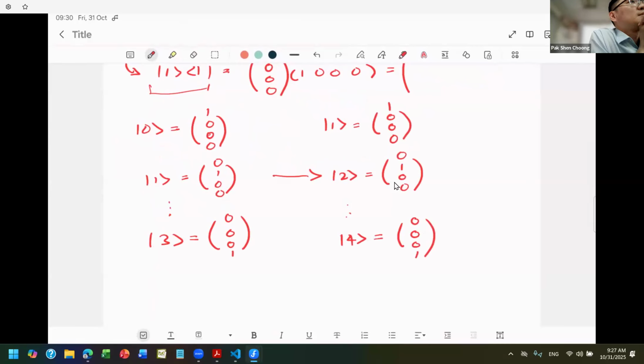Let's say I use another index P. Okay, so all this summation you can move in front.